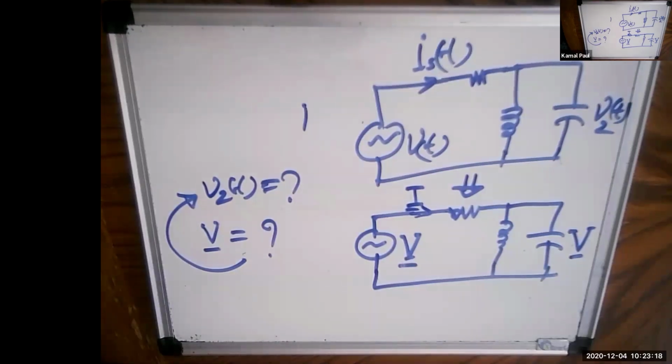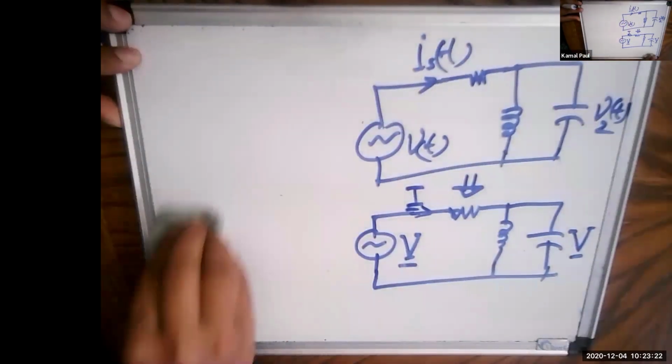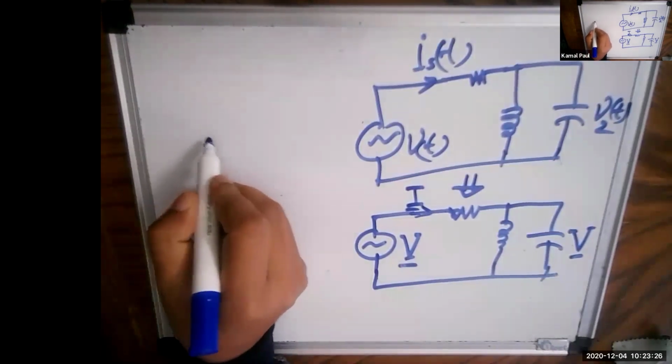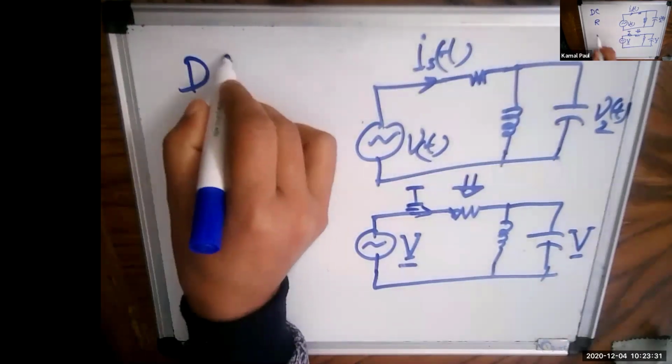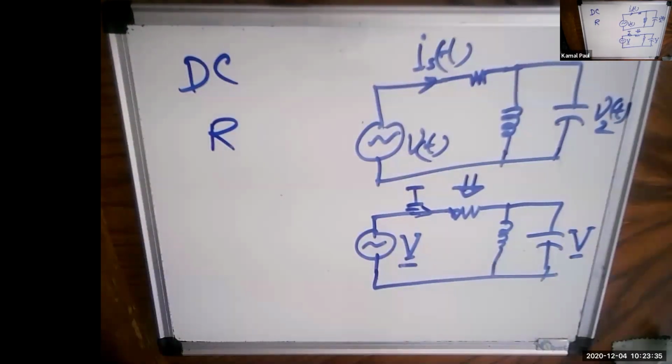Another very important thing is, whenever it comes to a DC circuit, for DC we call it resistor in any circuit, right? Like the amount of opposition whenever a direct current is flowing in a circuit.